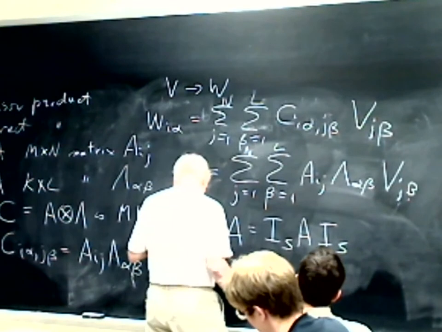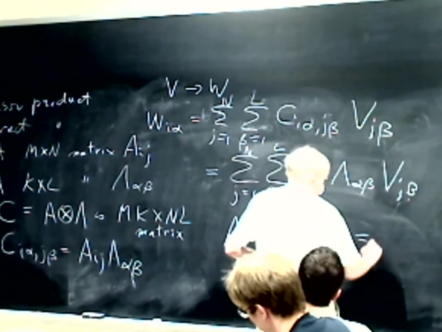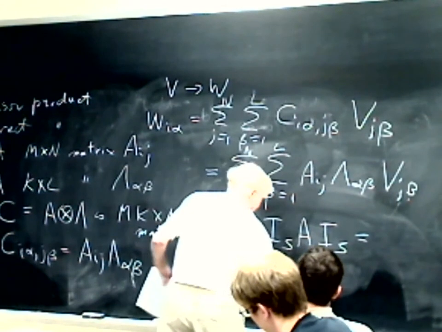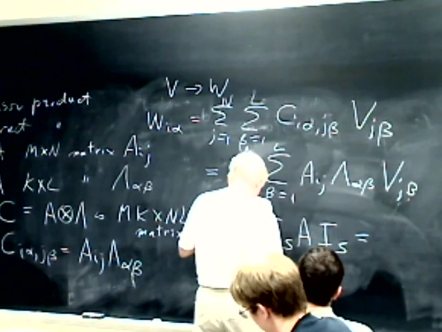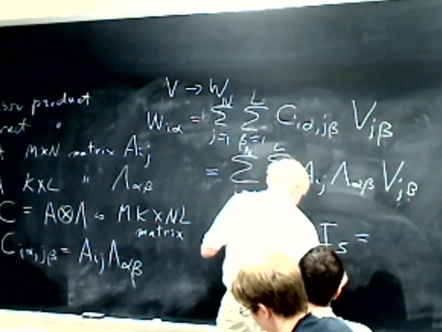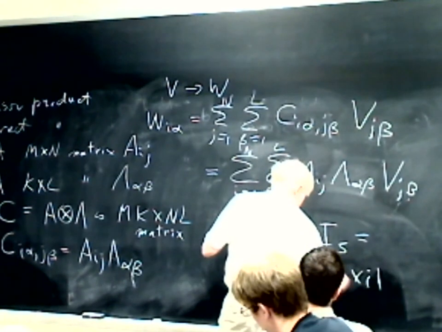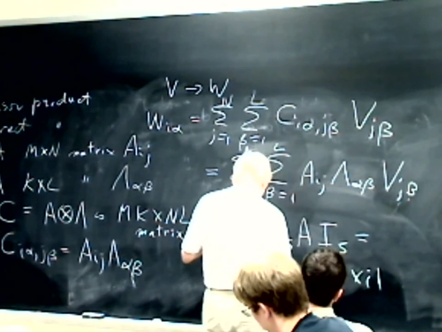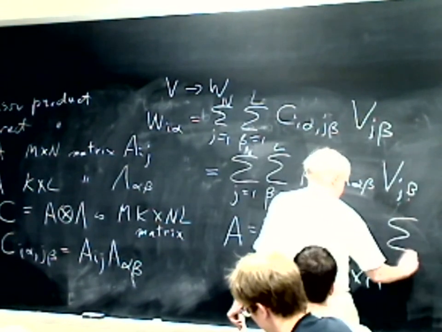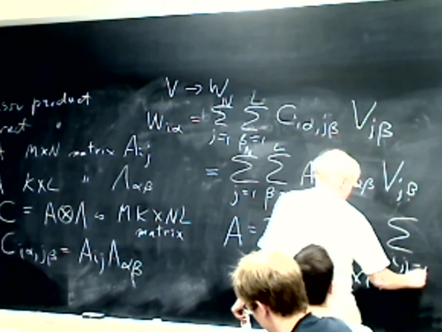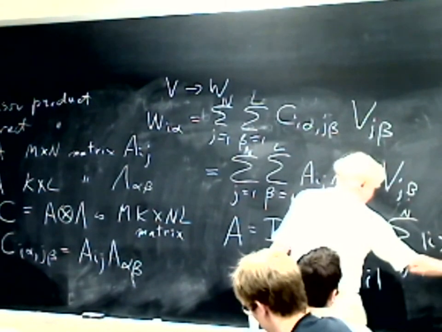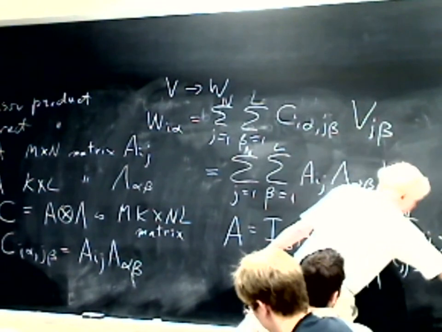So A looks like this, where here I'm letting |i⟩ be a basis of vectors, i equals 1 to n, and so this will be a sum over i, j equals 1 to n of |i⟩ A_{ij} ⟨j|.